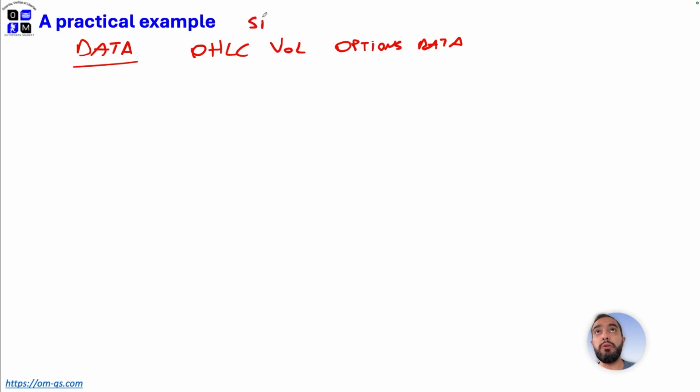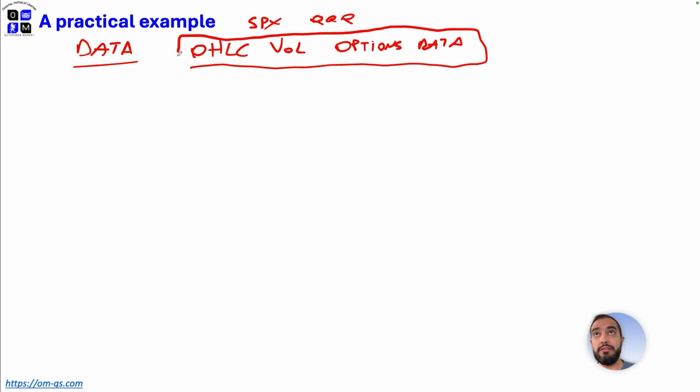Like, for example, we know the SPX has, the triple Q has, and many others. This is the elementary set of data that a retail trader can have access to without paying any money, because many brokers already provide that to you for free, or you can download from the TradingView library using Python, for example.